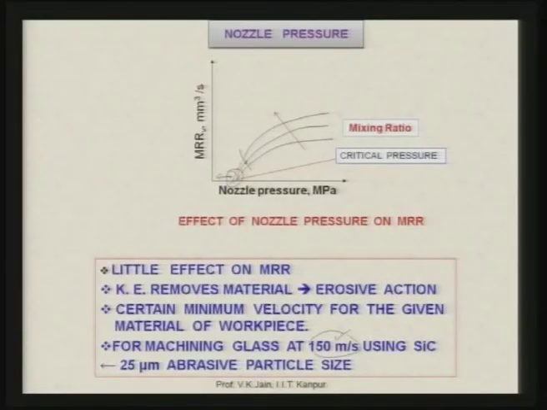If the velocity of the abrasive particle is less than 150 meter per second, it will not be able to remove material from the glass. So, whatever the critical pressure is, that pressure should give a velocity equal to 150 meter per second, and beyond the critical pressure it will give a velocity of more than 150 meter per second.